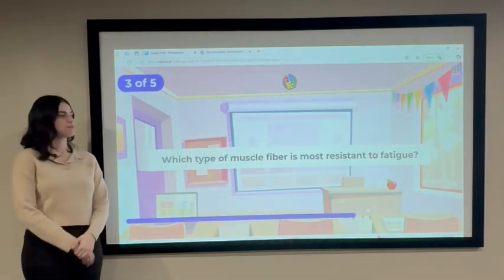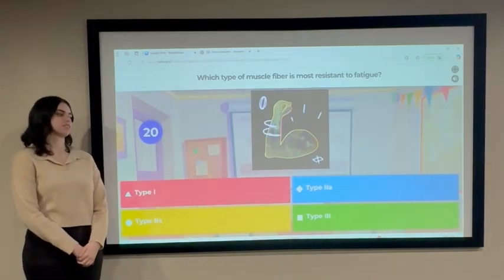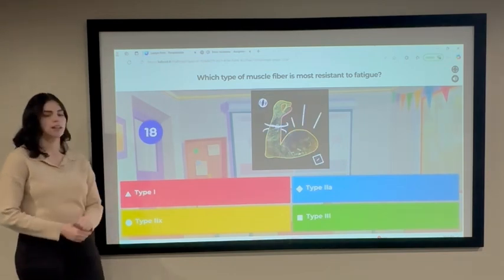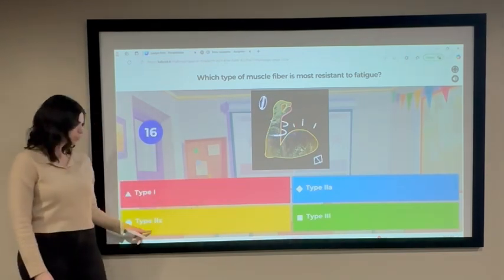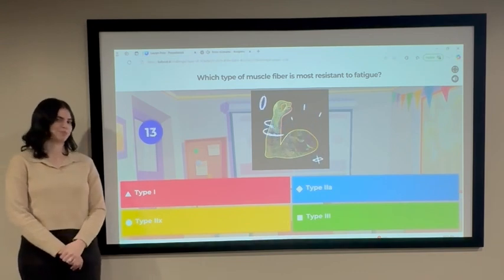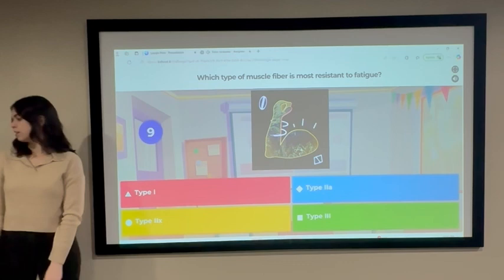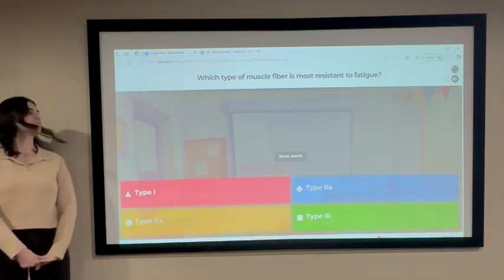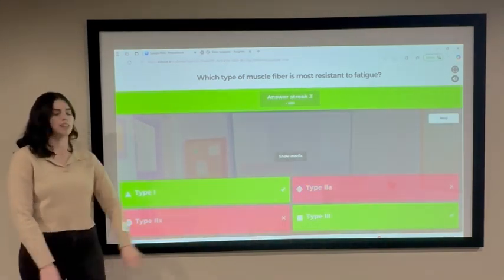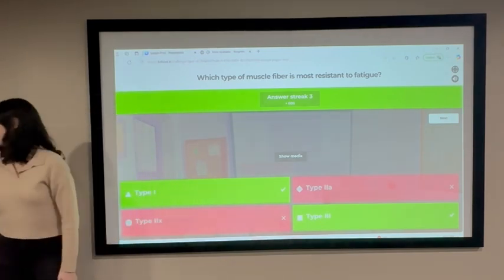Question 3, which type of muscle fiber is most resistant to fatigue? We have type 1, type 2A, type 2X, or type 3. If you chose type 1, you are correct, but type 3 does not exist. Sorry about that.